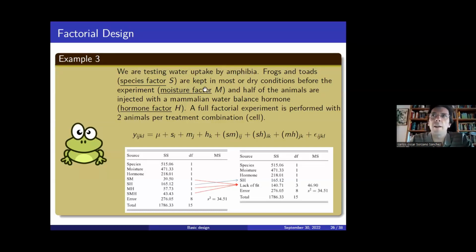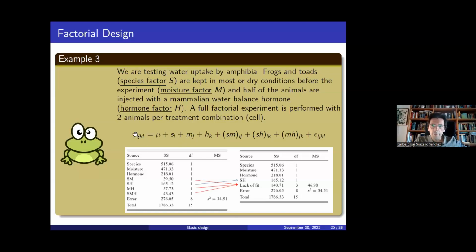But maybe the amount of water they take up depends on whether the animal had been in water before doing the experiment or not. If that is the case, then this factor will also have an influence. Okay, so you do your experiment.